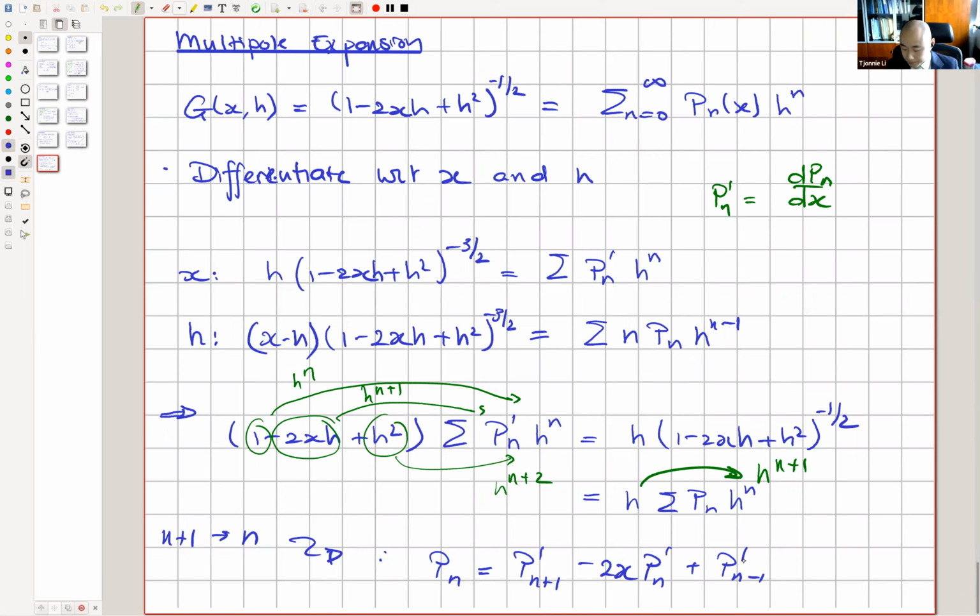Okay. So again, this is an important step, because here what we're doing is we're collecting all the coefficients that are associated with h to the power n. But I've done a little bit of a sidestep where I'm relabeling n plus 1 to be n. So here, I'm just relabeling everything, or collecting everything in P_(n+1), which I relabel as Pn, sorry.